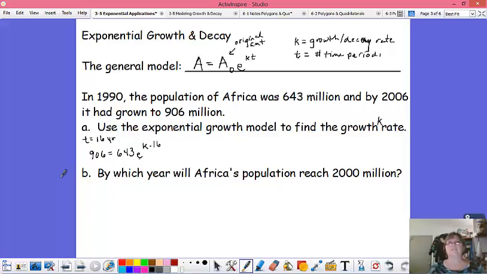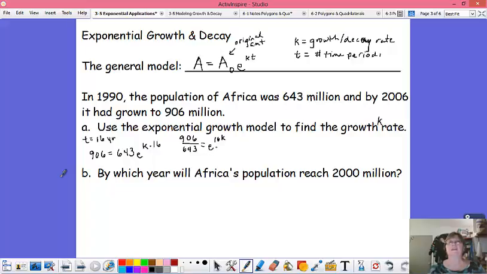We want to solve this for k. We're looking for the growth rate. And you're going to see the same kind of algebra in all of these problems. We want to isolate the term with e in it. So we're going to divide both sides by 643. 906 over 643 will equal e raised to the 16k power.